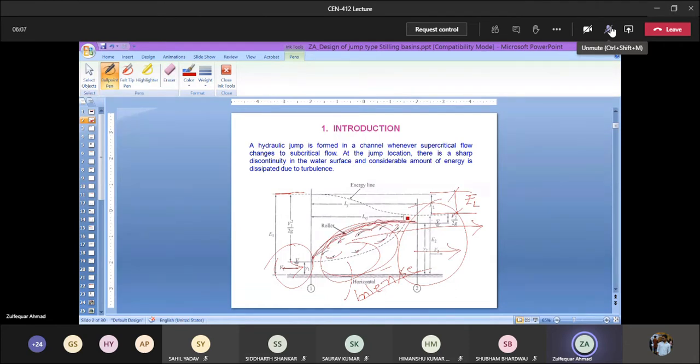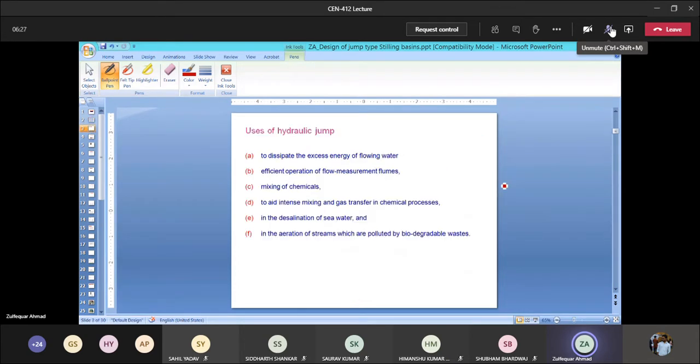You have also gone through in this classical hydraulic jump, what will be the loss? This loss EL is equal to (Y2 minus Y1) to the power 3 divided by 4 Y1 Y2, right? So you have also seen this one, right? This one is just revisiting, okay?